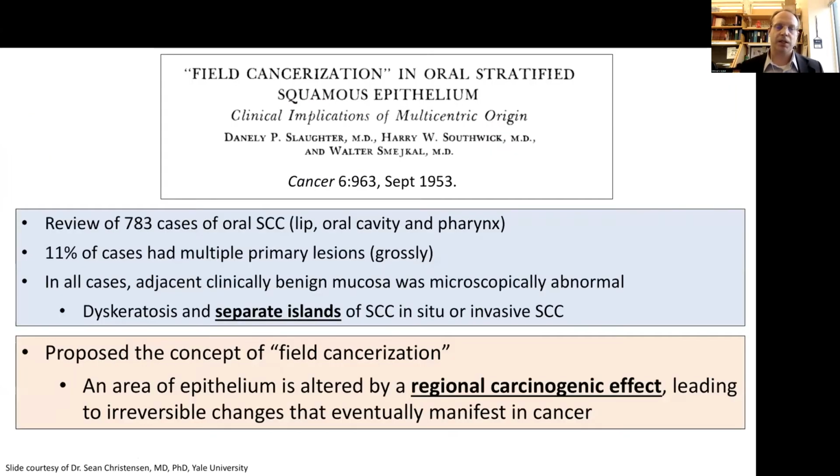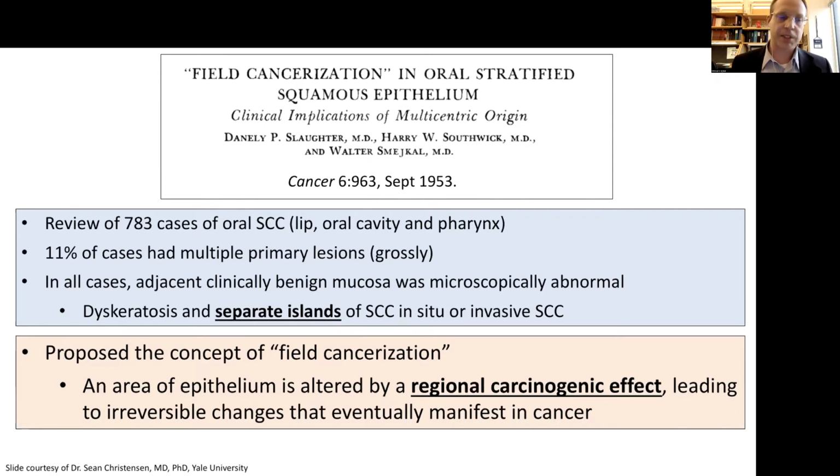So this leads to the concept that's sort of the center point of our conversation today, and that is field cancerization. And this is the article from 1953 that first defined or proposed field cancerization. These authors did a review of 783 cases of oral squamous cell carcinoma of the lip, oral cavity, and pharynx.